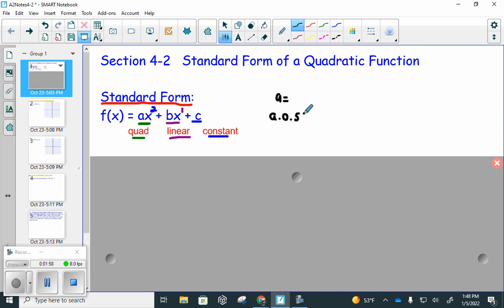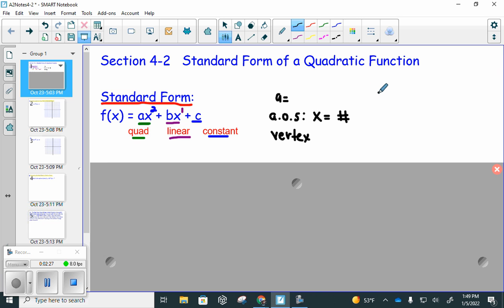And when you give me an answer for it, you have to record it as an equation, x equals some number. Another piece of information that you're going to need to find before you graph is the vertex. We need to know where the starting point is. Vertex is either the high point or the low point on the parabola, depending on which way it is turned.